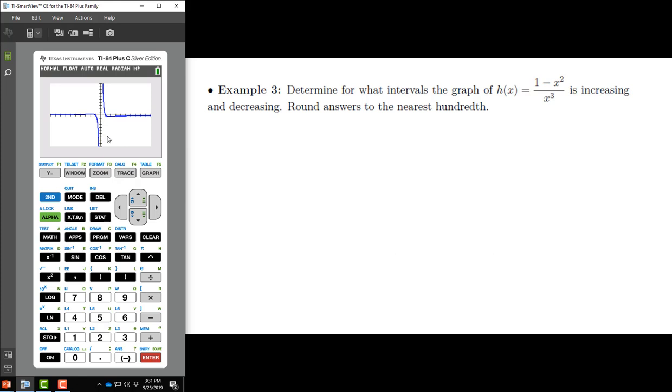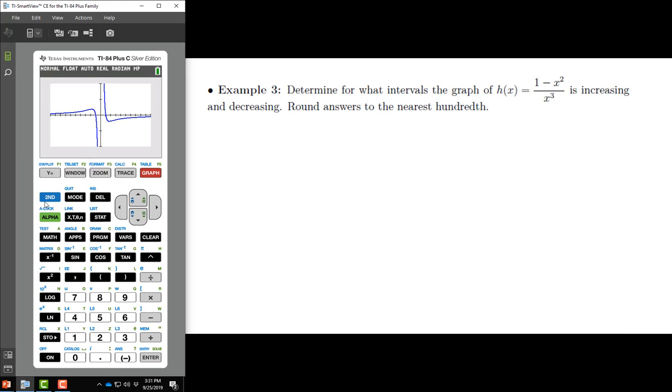So this is one where I would probably zoom in on my y values by quite a bit. I'll leave the x's alone for now, but instead of going -10 to 10 in the y's, maybe do -2 to 2. And that makes the whole elevation change much more clear.